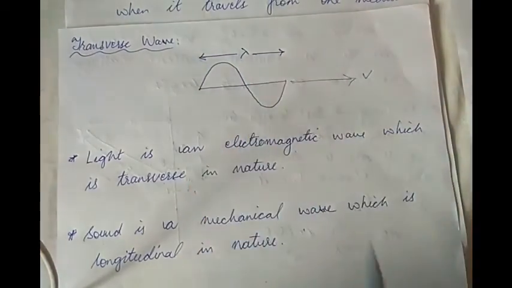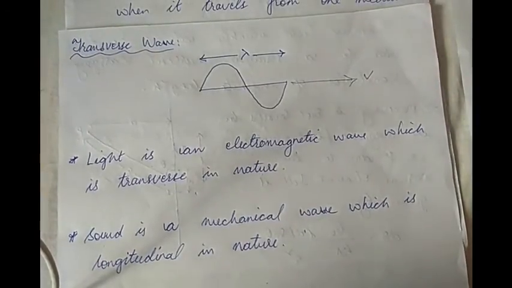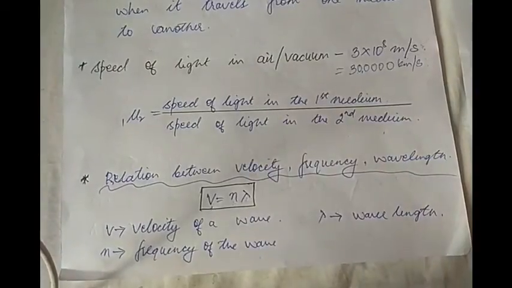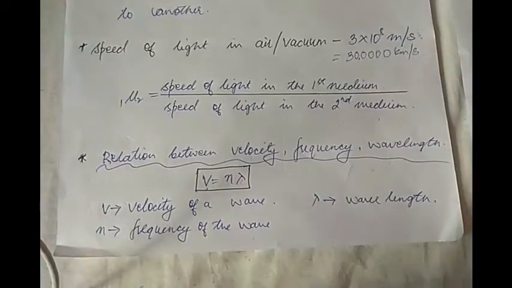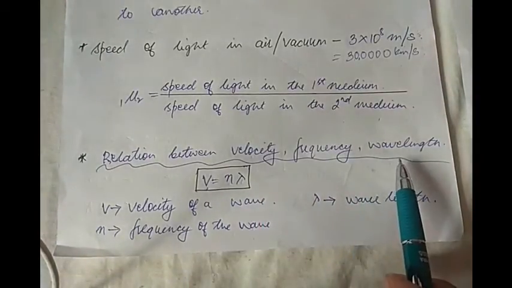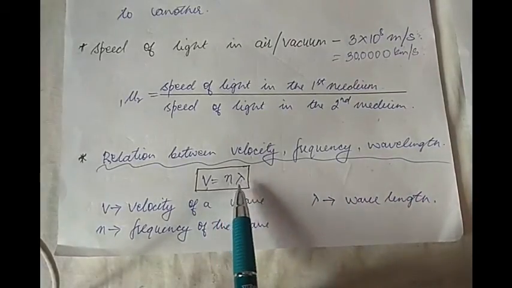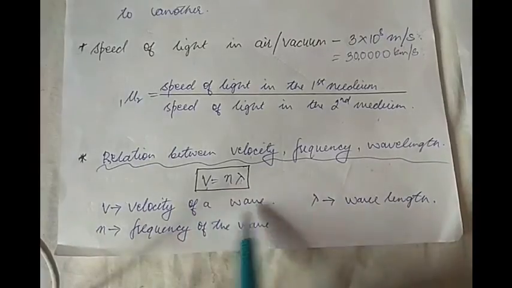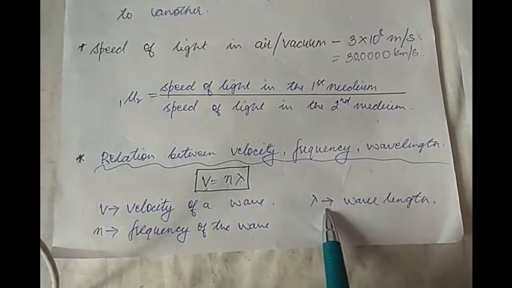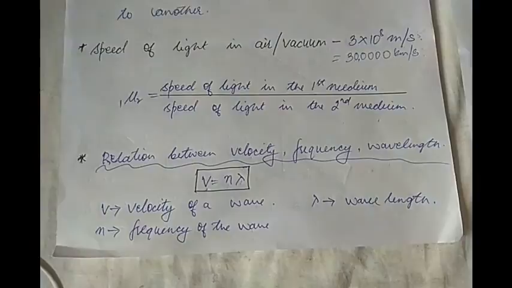Any wave will have a wavelength. And any wave will have a frequency. The relation between them is v is equal to n lambda, where v is the velocity of the wave, n is the frequency of the wave, lambda is of course the wavelength.